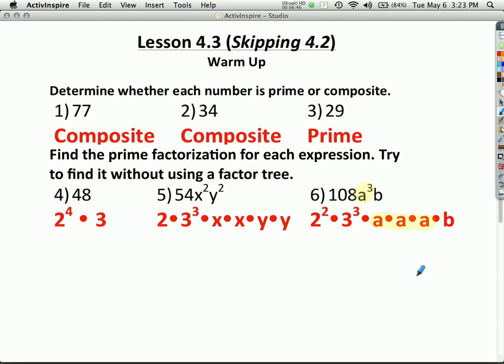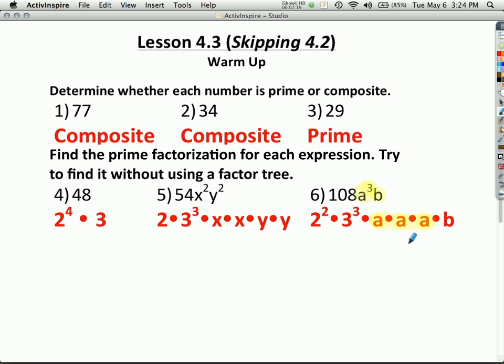Fancy? Because it says A to the 3rd power, but there's 3 A's. That's right. The exponent right here is telling you how many A's to write down. A to the 3rd power means A times A times A. So you don't need a tree for that. You already know how many A's to write.